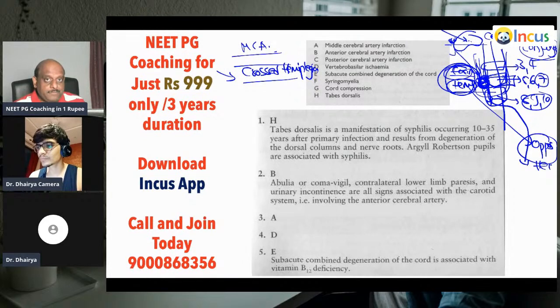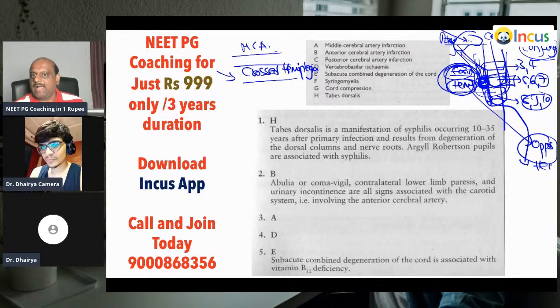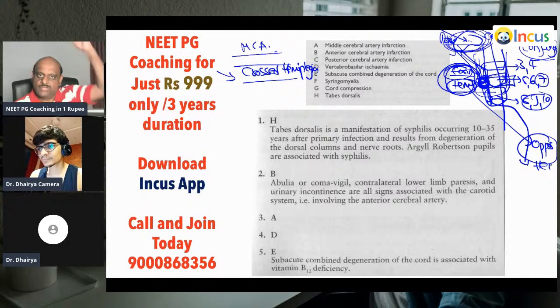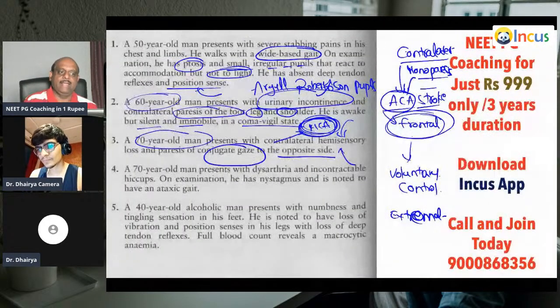If the bleed is in the cerebral hemisphere, there is ipsilateral conjugate deviation. For example, if there is a right side bleed, the eye will be looking towards the right side. Whereas at the brainstem level, whenever there is a bleed, there is a conjugate gaze away from the side of the bleed. That's the point we need to appreciate.